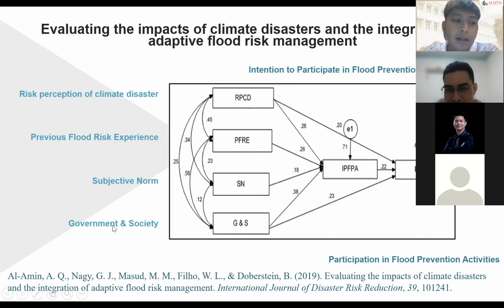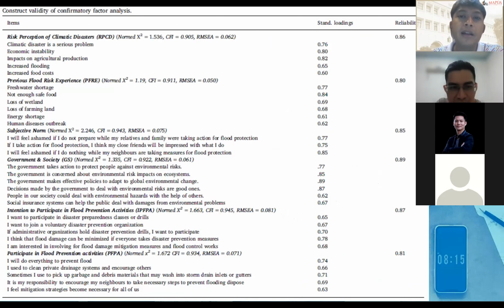You can ask Mr. Al-Amin. Usually, everyone, it is an oval. In general, if you make it a square like this one, it looks like an observed variable, so when you see this one, it's somehow confusing. If you see the questionnaire, okay, this is the questionnaire.